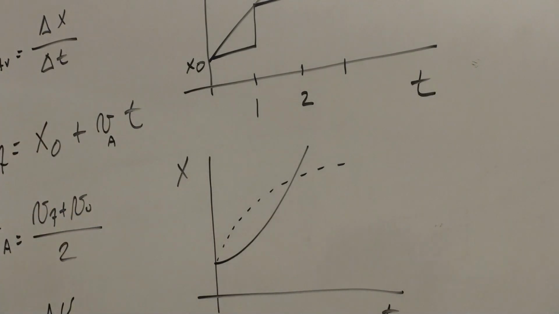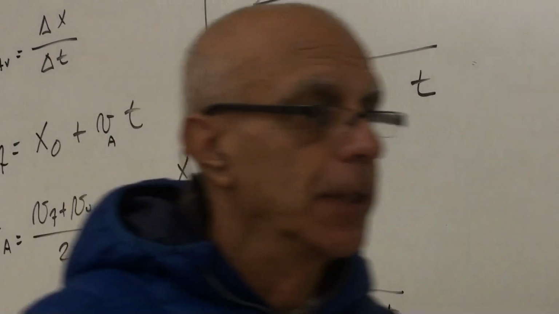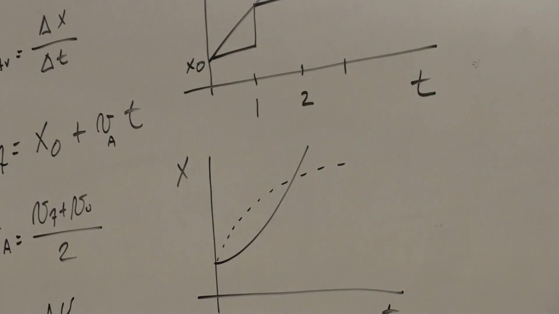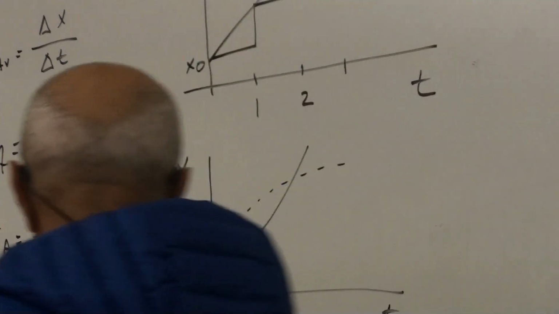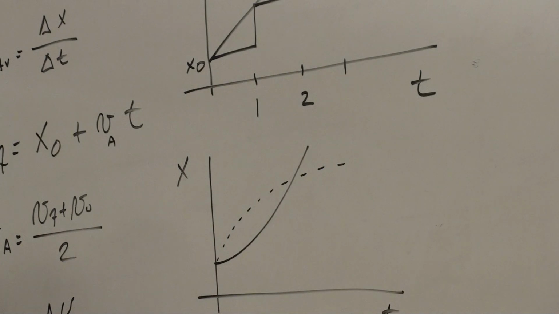I can call this here delta X. Let me erase this. Okay? Just from here, delta t is delta X over VA. But VA, what is VA? VA from here, I can plug that in here, right?